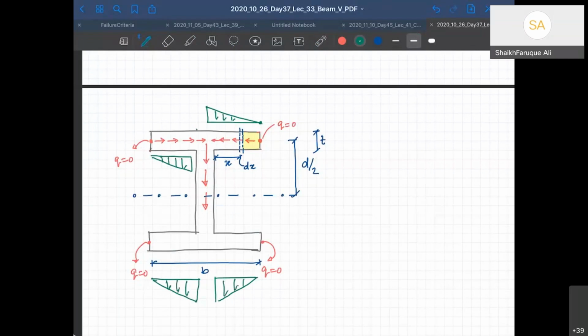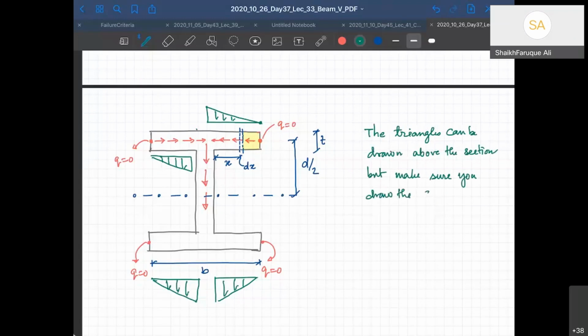The triangles, I'll write it here, otherwise you'll ask questions: the triangles can be drawn above the section, but make sure you draw the arrows properly.